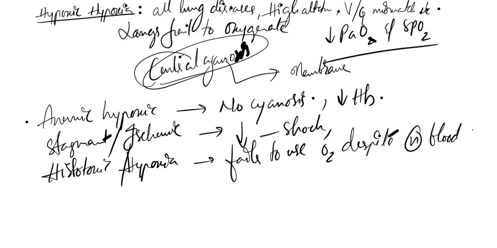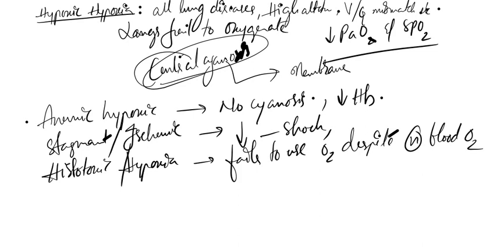So this is very important. Histotoxic hypoxia is something where the problem lies with the tissue itself, so the tissue fails to use a sufficient amount of oxygen even though the blood has a sufficient oxygen concentration, but still the tissue fails to utilize the oxygen.